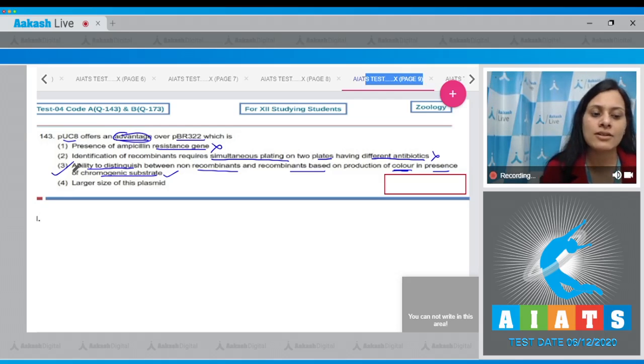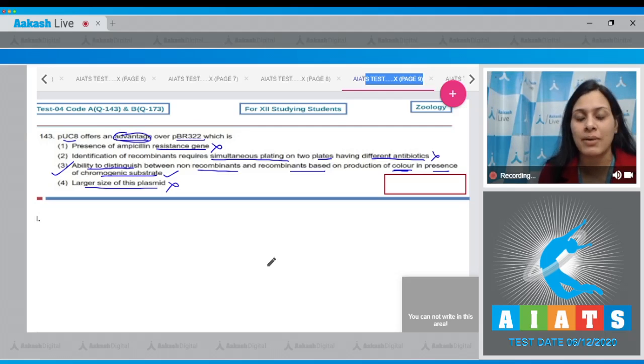So the correct answer to this question is option number 3. The last option is larger size of this plasmid. This is incorrect because pUC8 is 2.7 kb in size while pBR322 is 4.3 kb in size. So the correct answer to this question is option number 3. Let's move on to the next question.